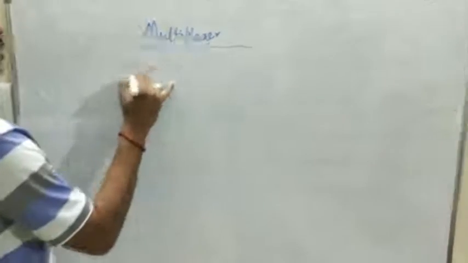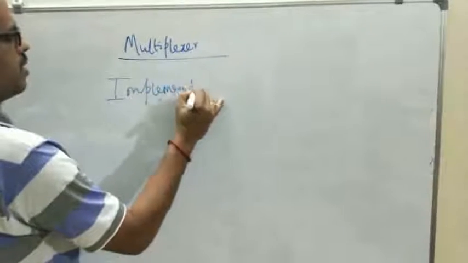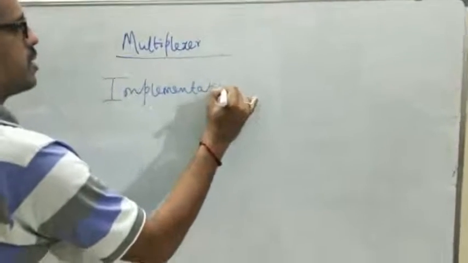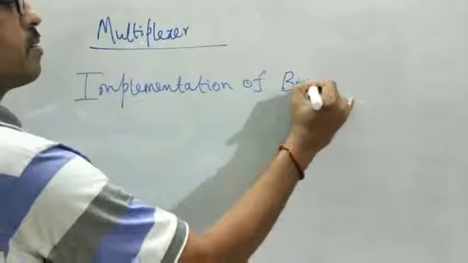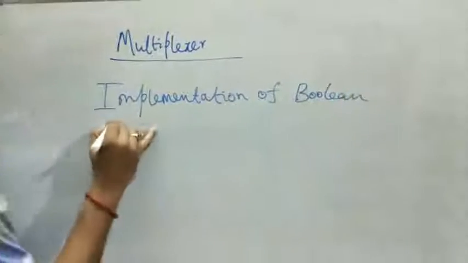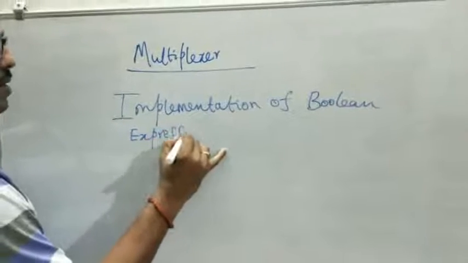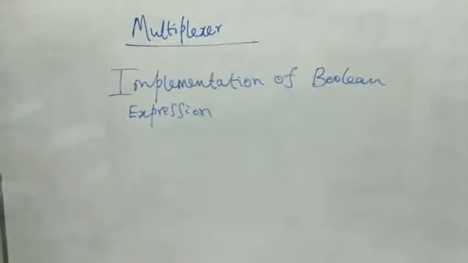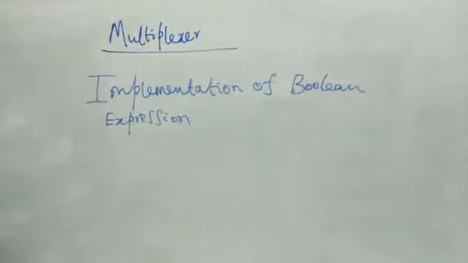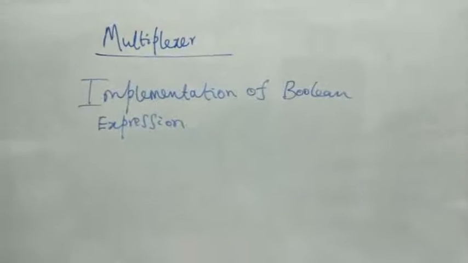See the application of multiplexer, that is implementation of Boolean expressions is possible using multiplexer. Okay, this is the most important application of a multiplexer. Now we'll go through an example directly.